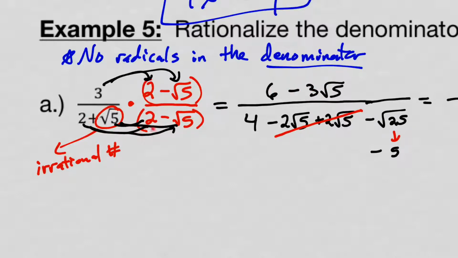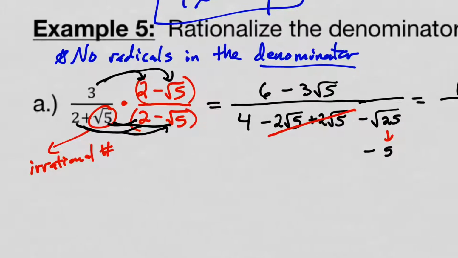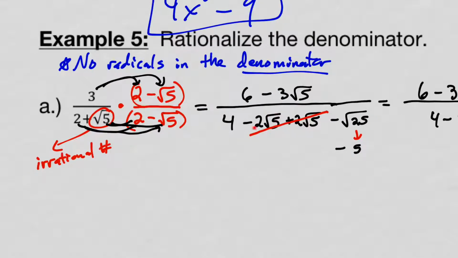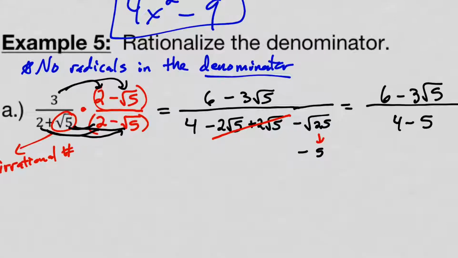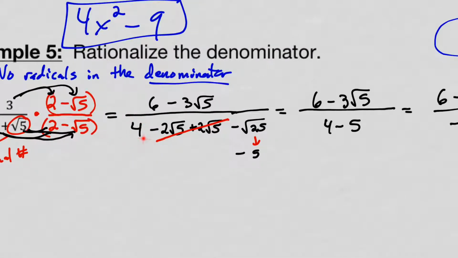We're going to do FOIL on the bottom. Okay, so we know that the O and the I of FOIL is going to cancel out because these are conjugates. So really, all you have to focus on is 2 times 2 is 4. And then 5 times 5 with the minus is square root of 25. This becomes 5.